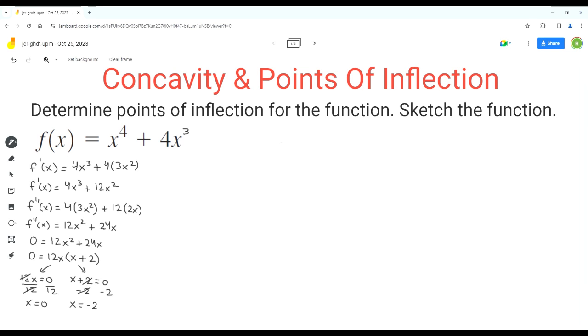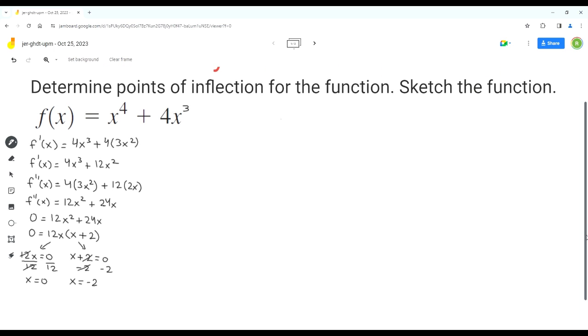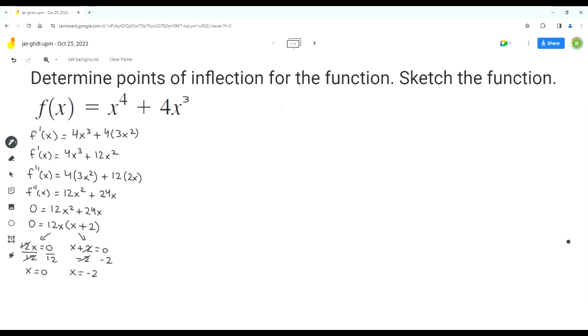Now we can sub in these x values one by one in the given function to find the corresponding function values for these x values, because for a point of inflection we need the x and the y coordinate of the point. So we can start with x equals 0. So we'll sub in x as 0 in the given function.